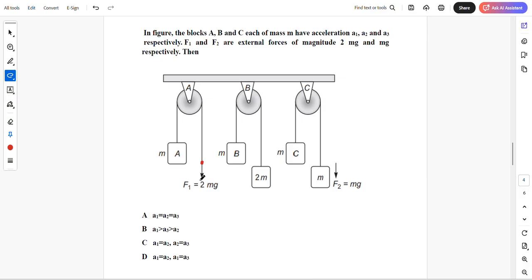Force is applied here, so the tension will be T1. Now where the tension will be here, tension will be T2.